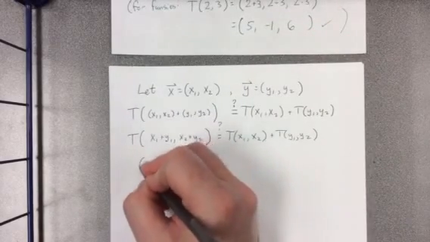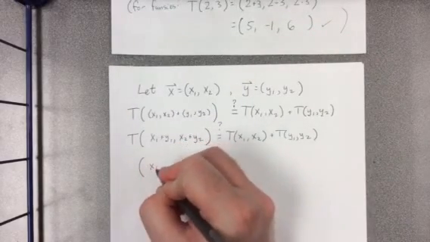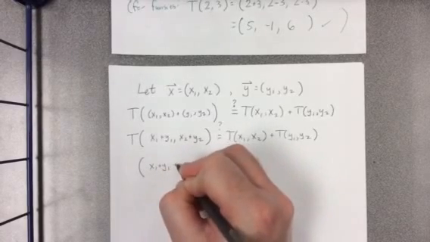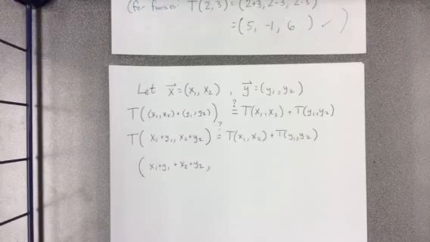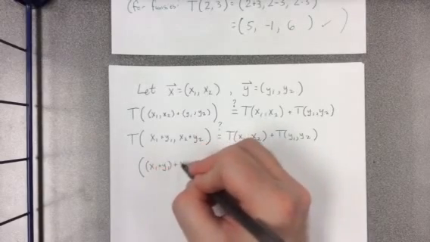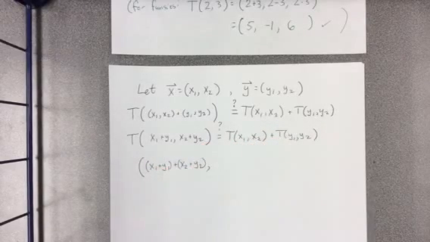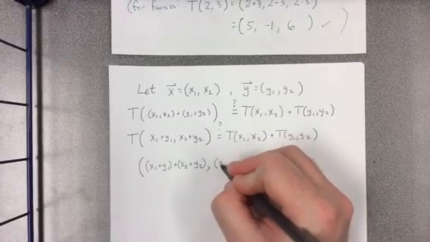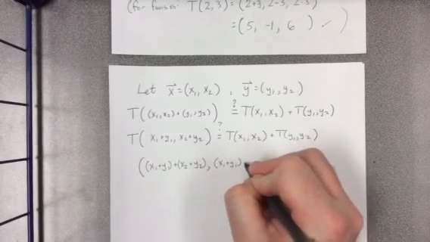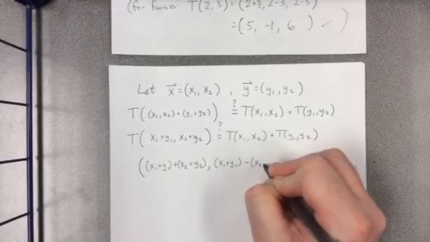So the first component is supposed to be first component plus second component, like so. Let's throw some parentheses in here just for good measure. The second component, after we send it through the transformation, is supposed to be first component minus second component.